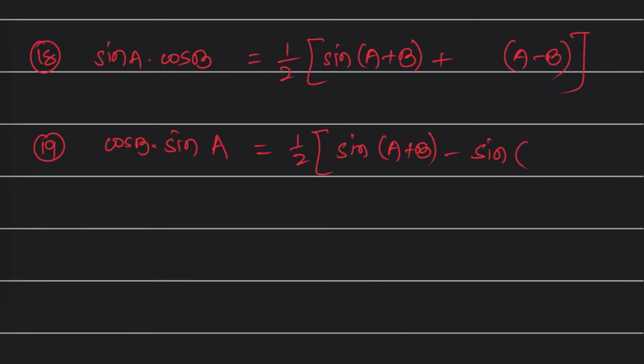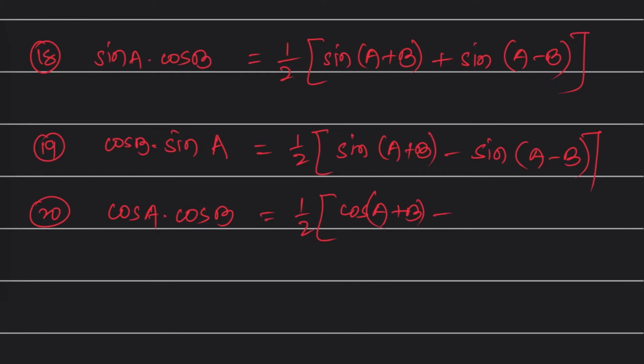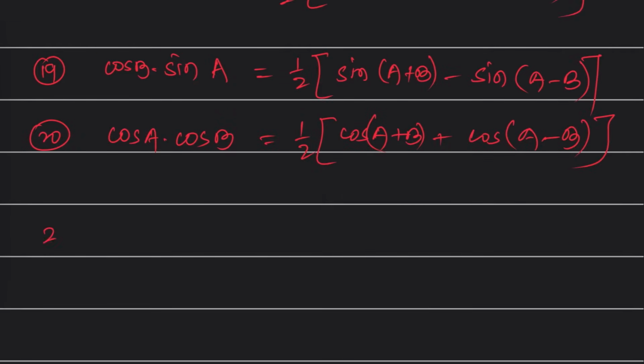Similarly, the 20th is cos A cos B, which is 1 by 2 into cos A plus B plus cos A minus B. Similarly, the 21st is sin A sin B, both are sin.